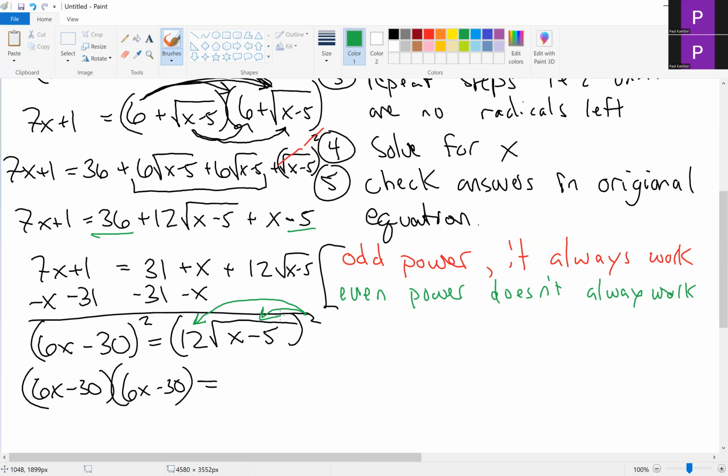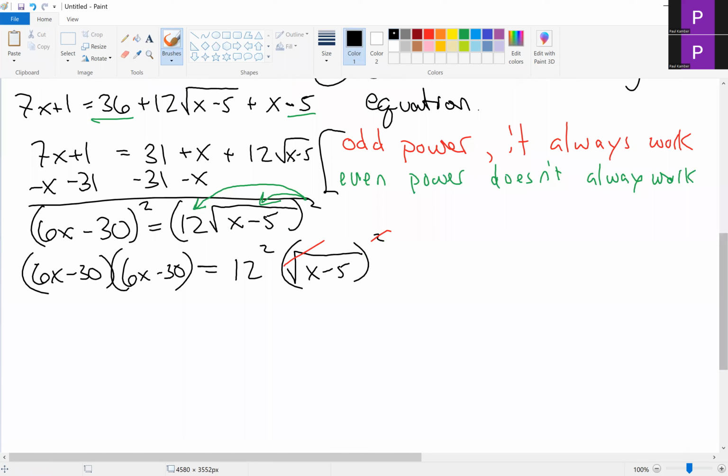You cannot, as we showed above, distribute an exponent through addition because an exponent is not addition, it's multiplication. All right, so anyway, what we end up with is 12 squared times the square root of x minus 5 squared. Okay, and here the square and the square root cancel each other.